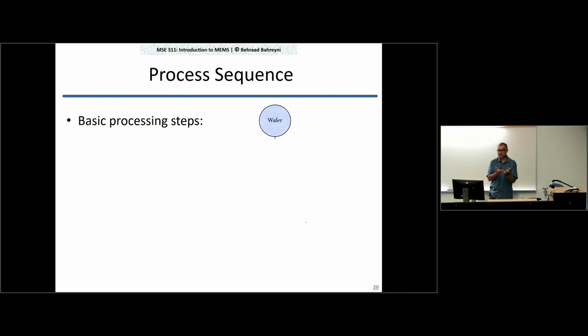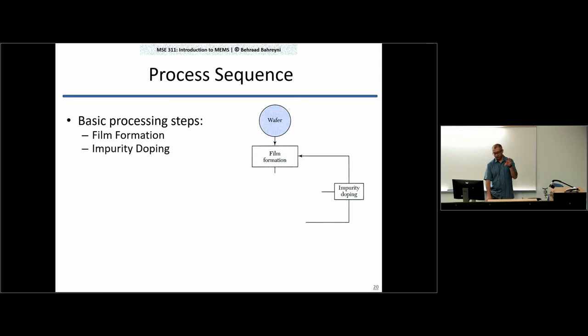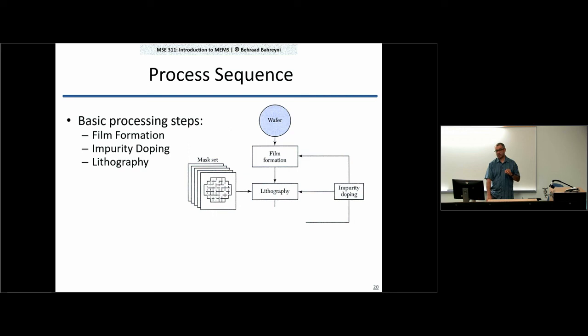So this is where you make everything on it or from it. The wafer is usually from silicon. You deposit or grow the films that you need for that certain functionality. You may want to change the electrical properties of the film through a doping step. So whatever you have, you may want to make it more resistive or less resistive. Or you can actually make junctions that way.